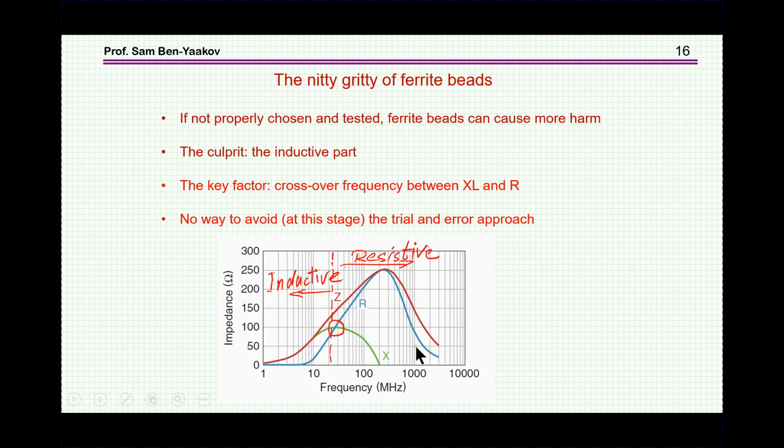And there's no escape at this point, since we don't have good models or a good analytical way to analyze this system. It's a trial and error approach. That is, you select a bead, test it, and if it doesn't work right, you just choose another one. So there's really no straightforward way to design the system with a bead.